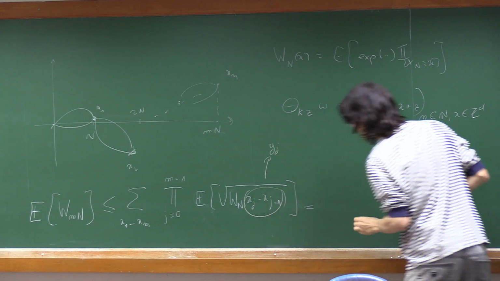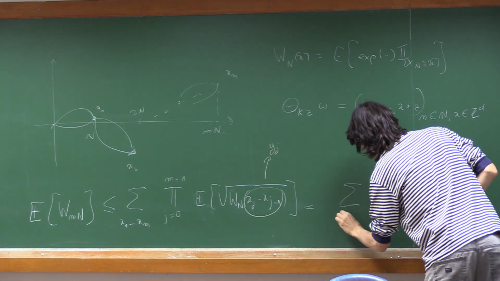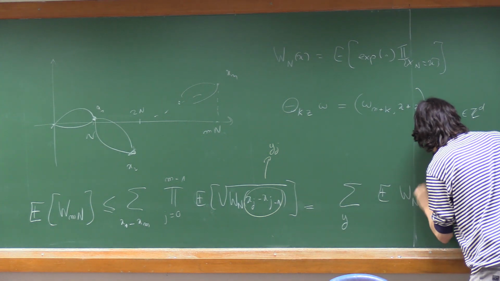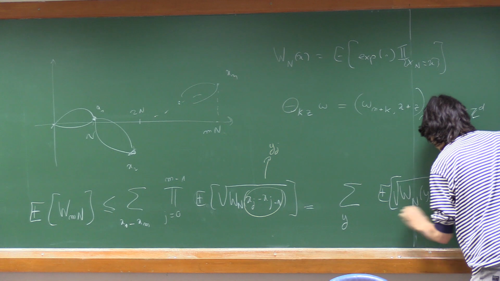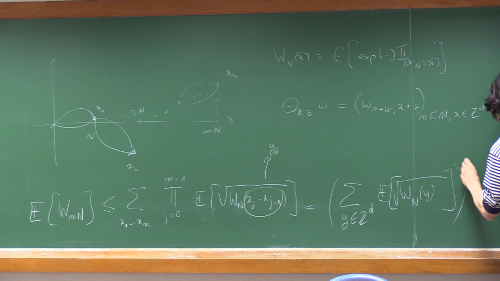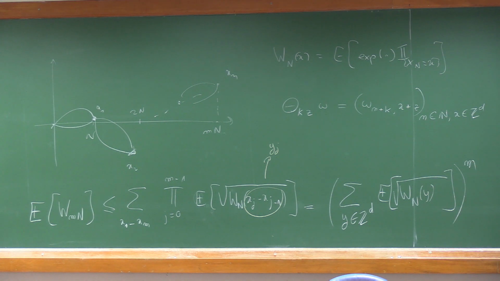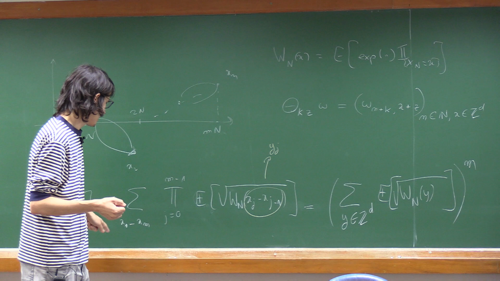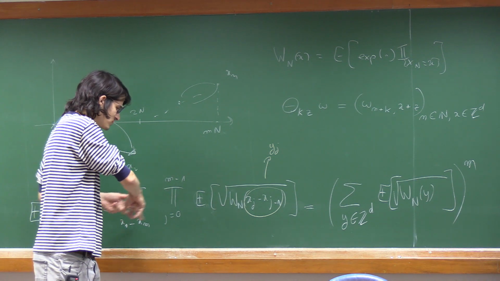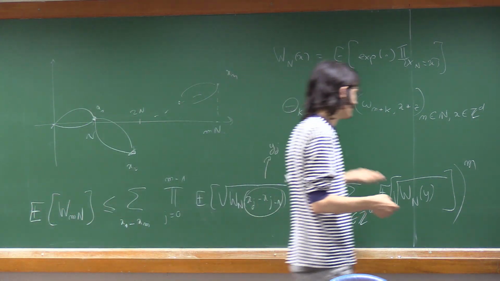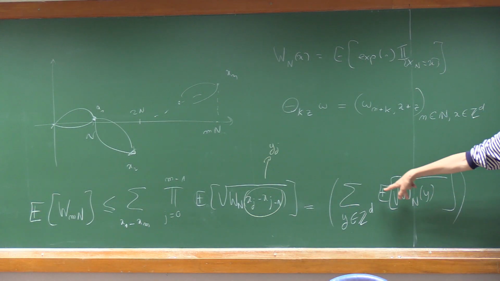And then you can refactorize, so what you get is really the sum over y of the expectation of Wn y, to the m. Because once you sum over yj, in the product you have m times the same thing. So if you want to show exponential decay, you just need to show that this is smaller than 1.